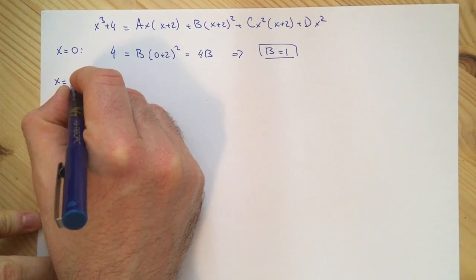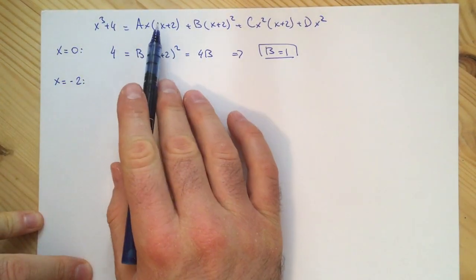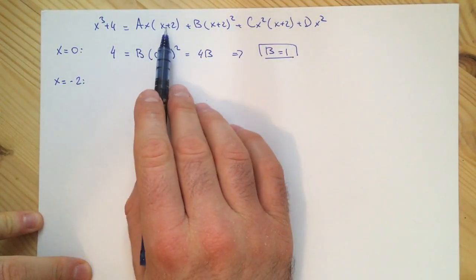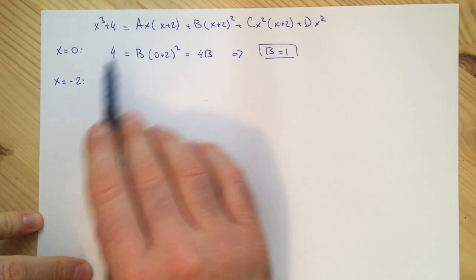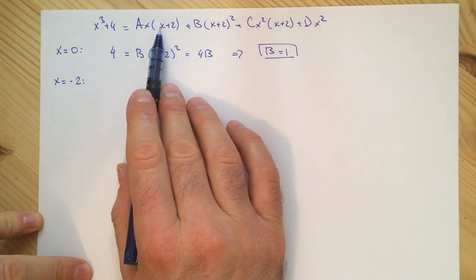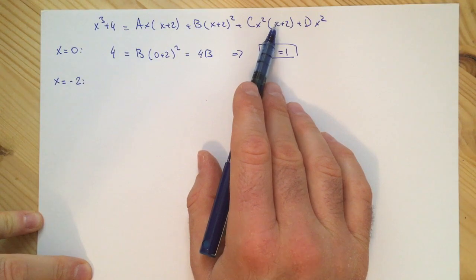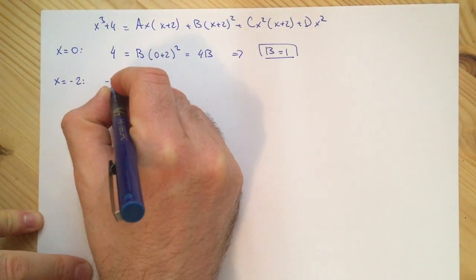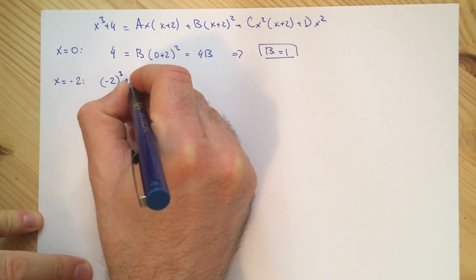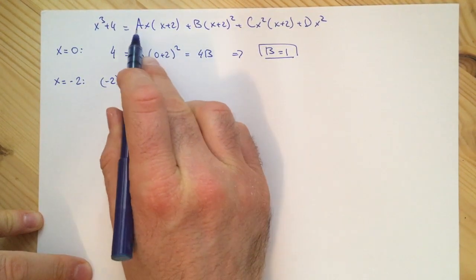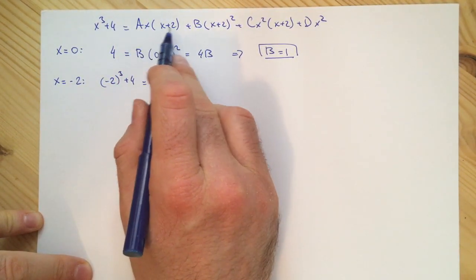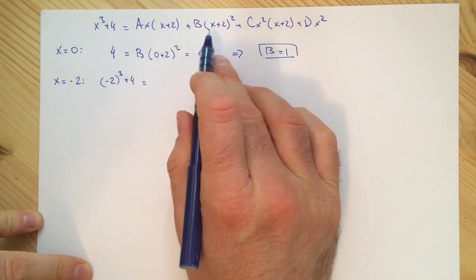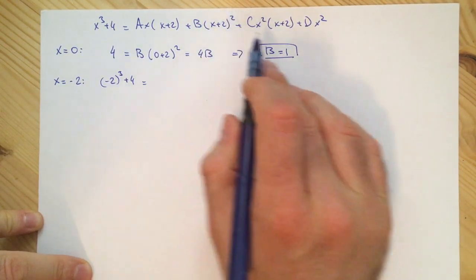What value of x would make some other factor 0? Well, that would be x is equal to negative 2. If I evaluate this at x is equal to negative 2, this term and this term will vanish. So let's see what we will have. Negative 2 cubed plus 4 is equal to a times negative 2 plus 2 is 0. So this is gone. Negative 2 plus 2 is 0. This term is gone.